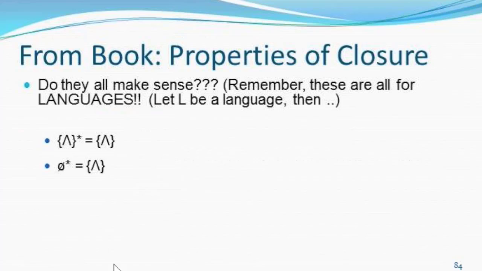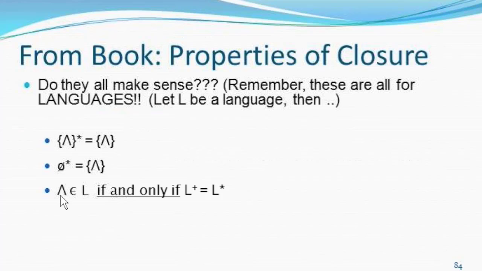So the first two actually are ones we've talked about before. If we have the language which just consists of the empty string, then if we star that language, we still just get a language with the empty string. The other one is that if we take the star of the empty set, the only element in that language is lambda. That's what we've talked about already.